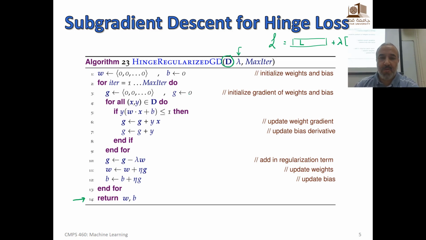Now, we will start without knowing anything about the actual weights and the bias, so we will initialize them to 0. That's line number 1.